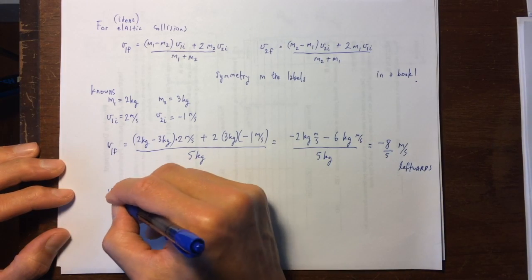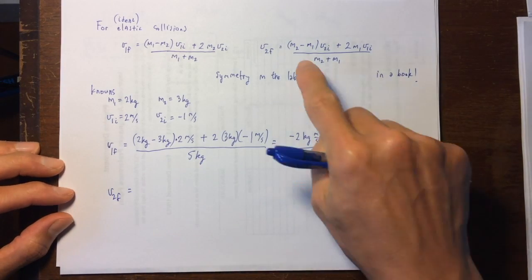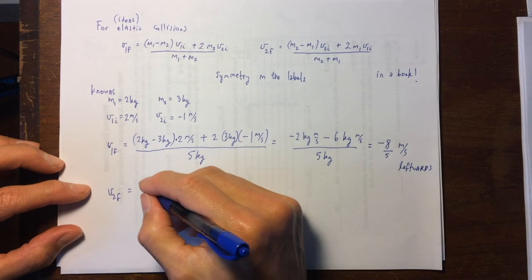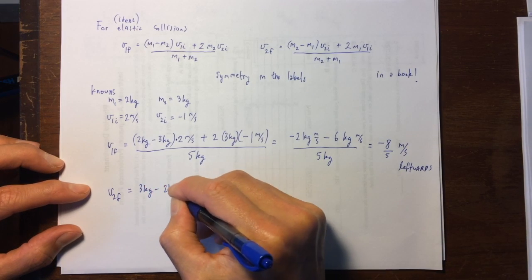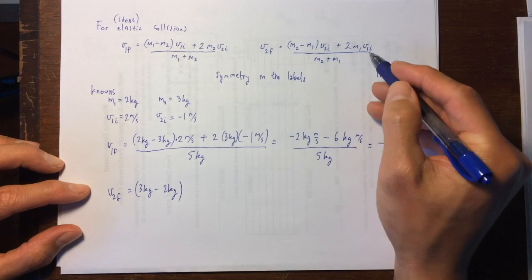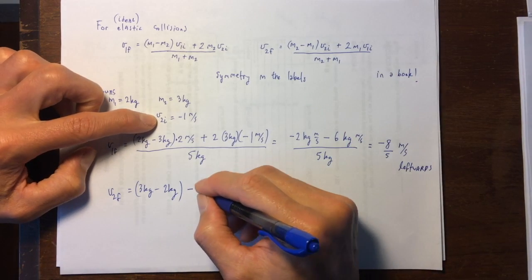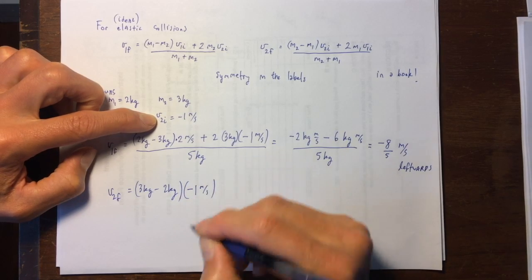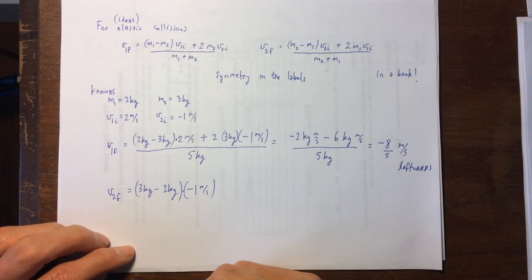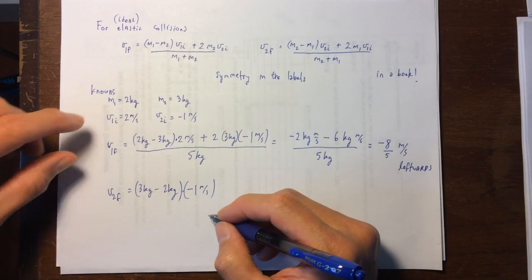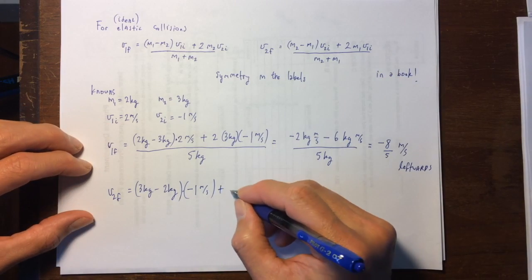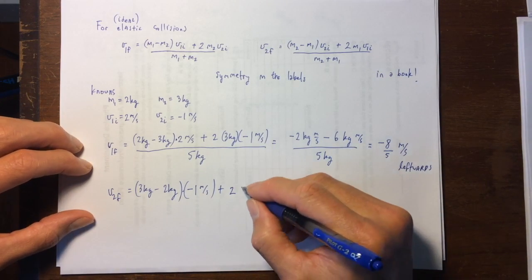V2 final. This will be interesting. M2 minus M1, so 3 kilograms minus 2 kilograms, multiplying V2 initial. V2 initial is this negative 1 meters per second. So multiplying there. And then plus 2 times M1.